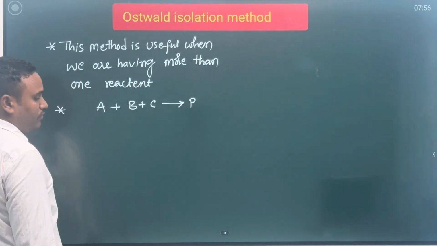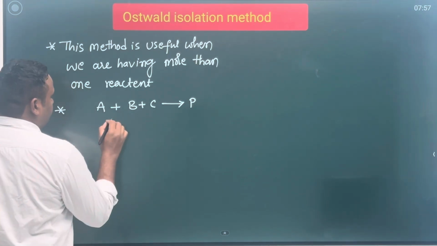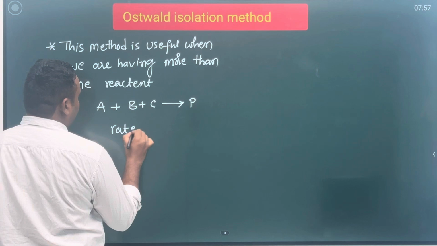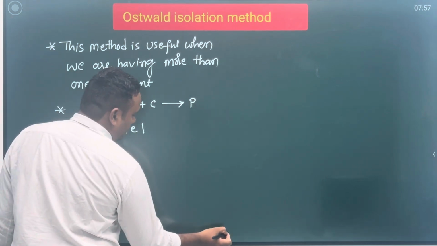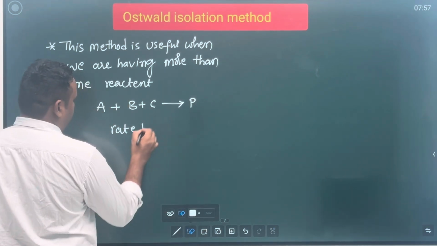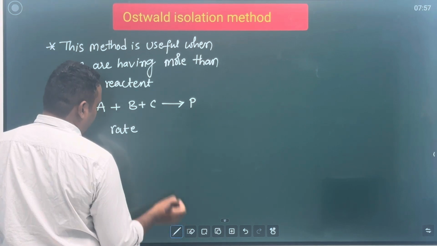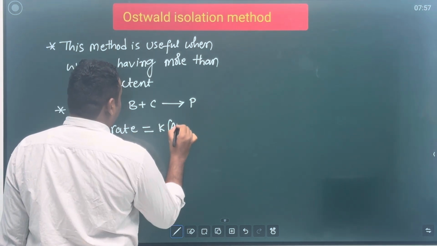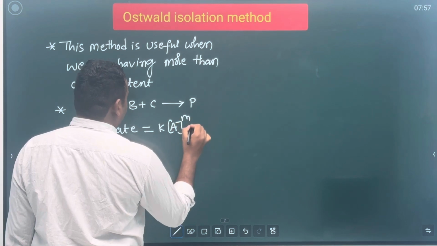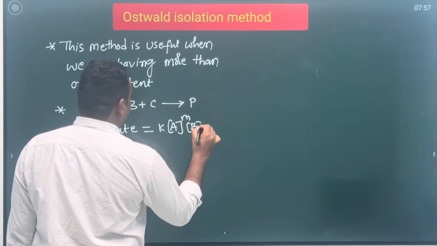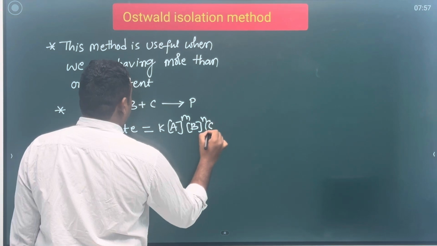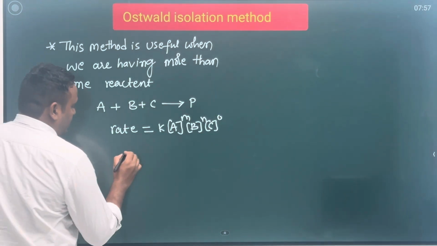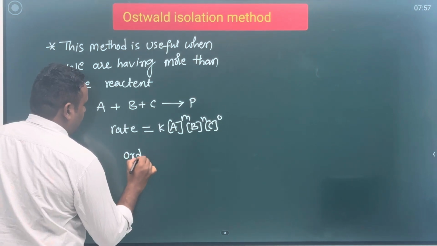Now we want the order of reaction with respect to A, B and C. Rate is equal to K into A power M, B power N, C power O. So what is the order here?